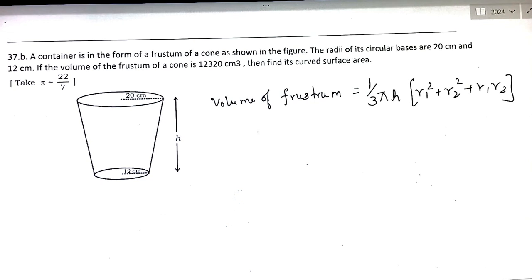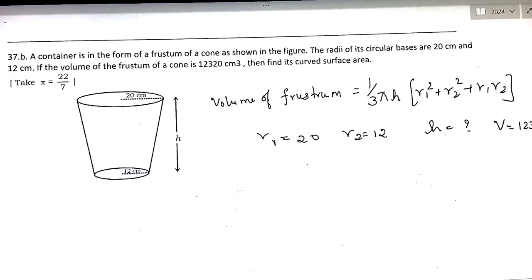Okay, so here we know that r1 is equal to 20, and r2 is equal to 12, and h, do we know the value of h? No, we do not know the value of h. But we know the volume of the frustum. So what is the volume of the frustum?